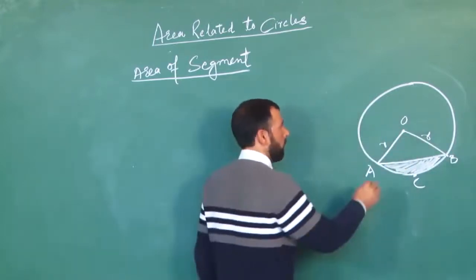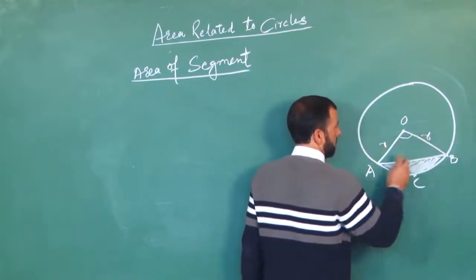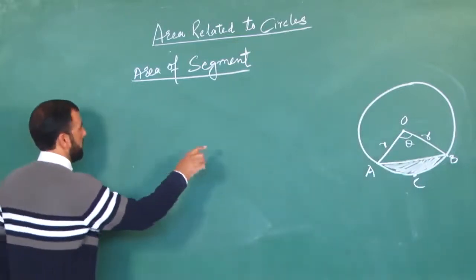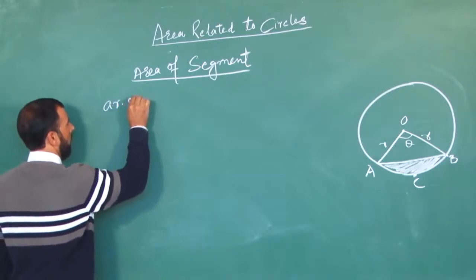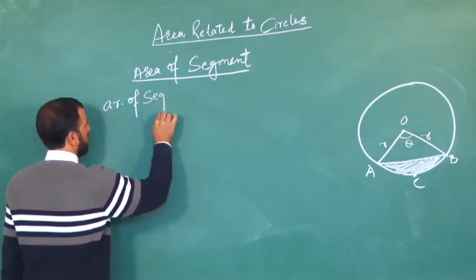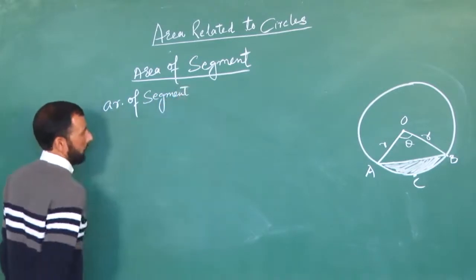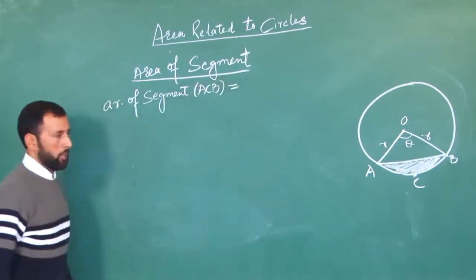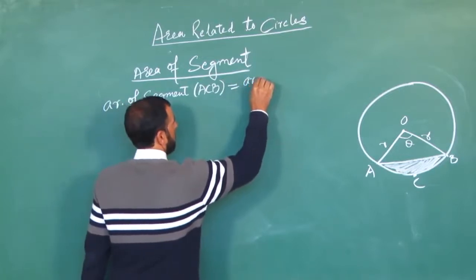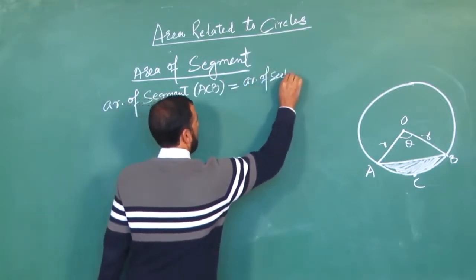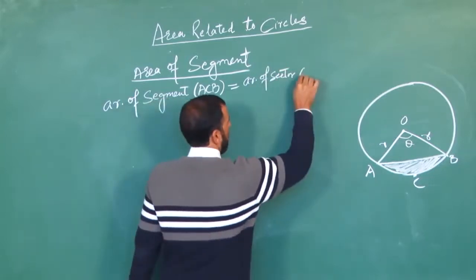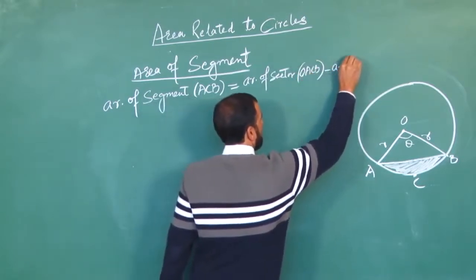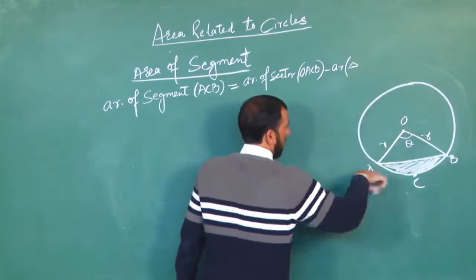If this angle is theta degrees, then the area of the minor segment ACB is equal to the area of sector OACB minus the area of triangle OAB.